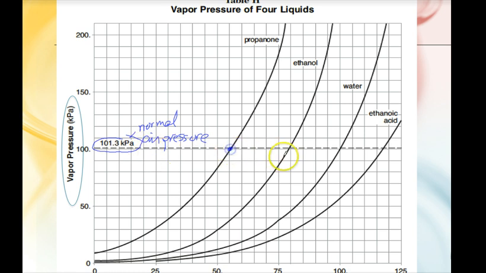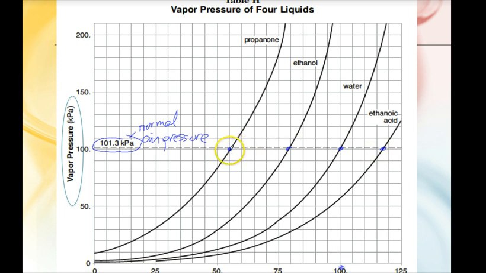If you look at where these intersect, these points are called the normal boiling points, because that's what the boiling point would be at normal air pressure. So that is the normal boiling point for propanone, the normal boiling point for ethanol, and of course the normal boiling point for water is 100. That's the temperature it normally boils at. And you'll see ethanoic acid.